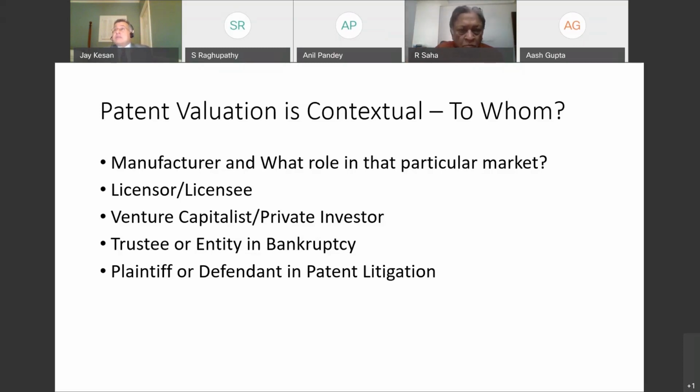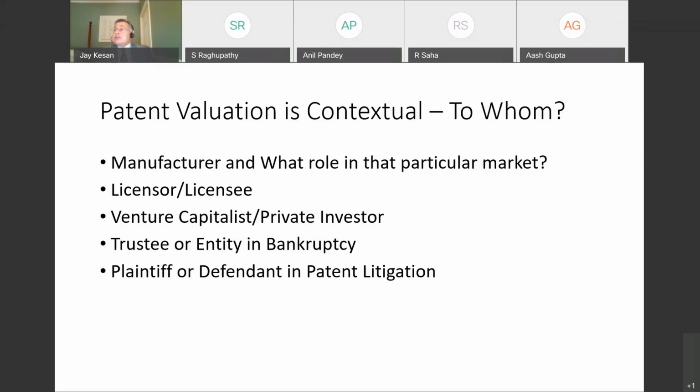Very often, sometimes conduct a patent auction. You conduct an auction and you then decide to give the patents to the highest bidder. And in that context, it's really what others think your patents are worth in the context of that type of a bankruptcy or foreclosure.